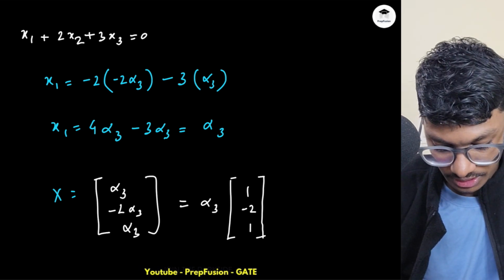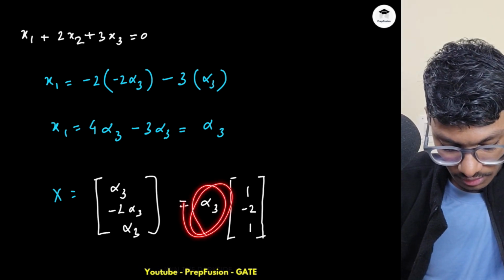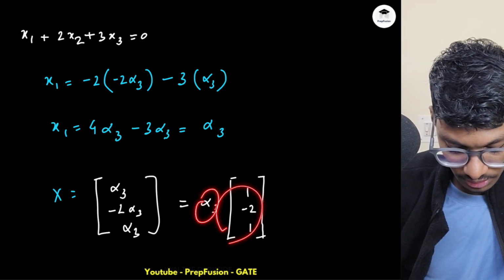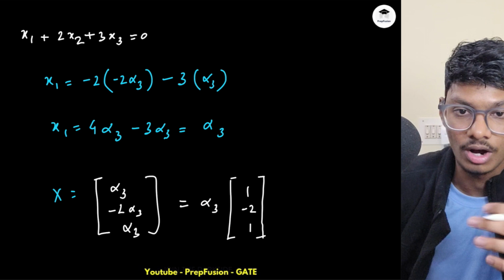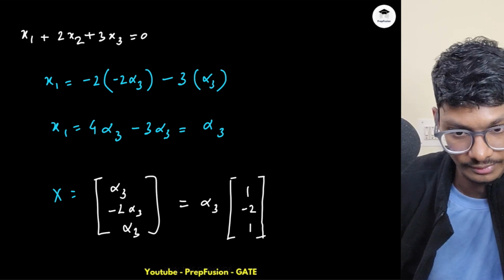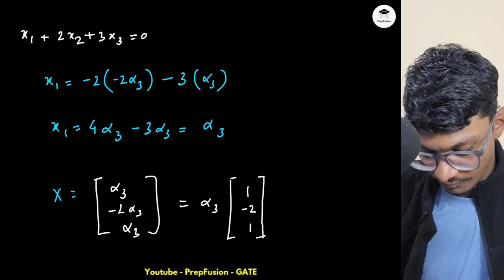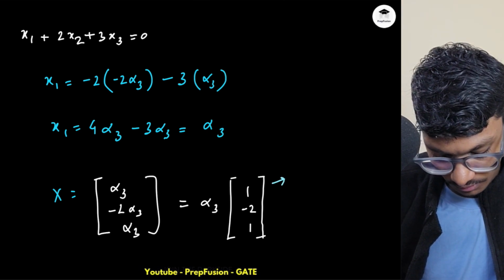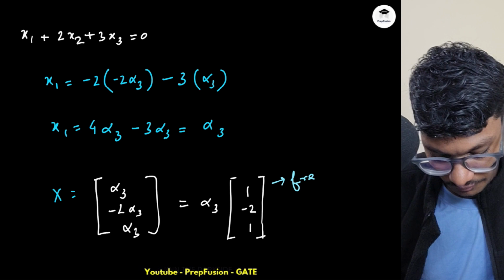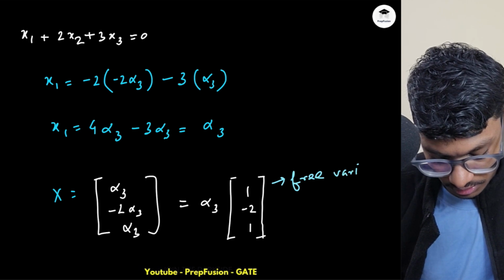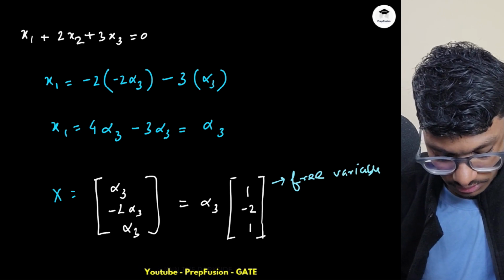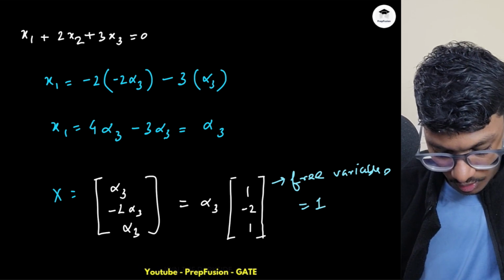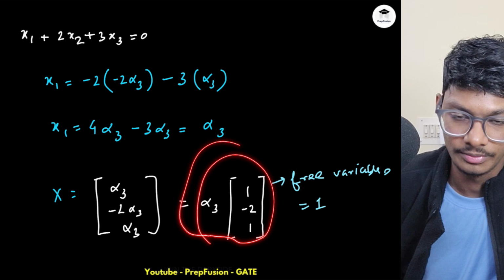So here what do you see? This is like I can cover this whole space, right? So now how many free variables do I have? Free variables, I have 1, right? Now how many solutions do I have?